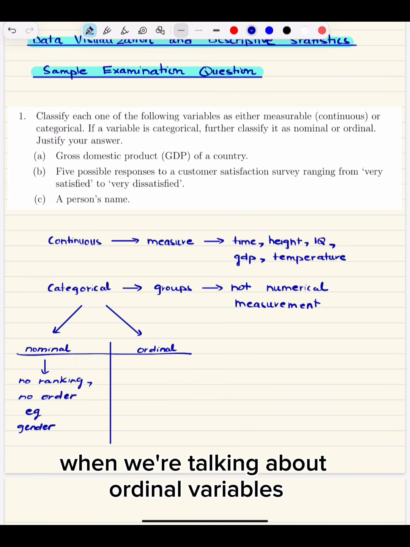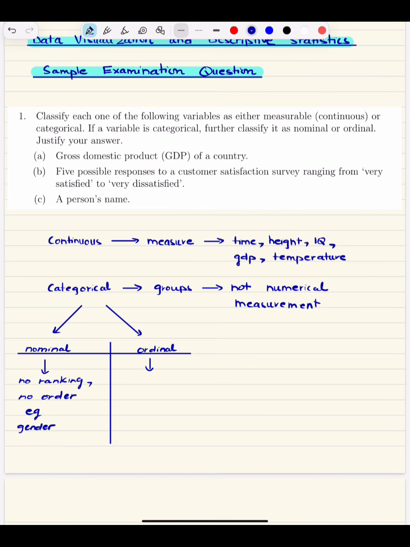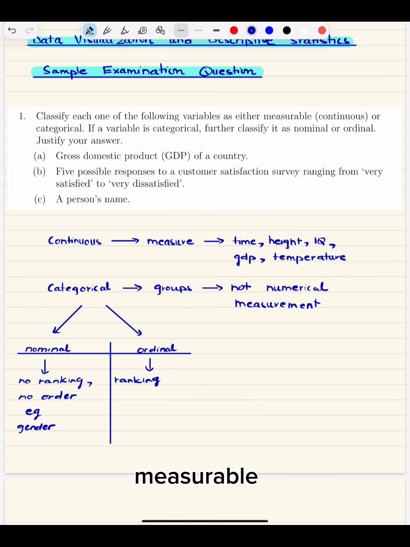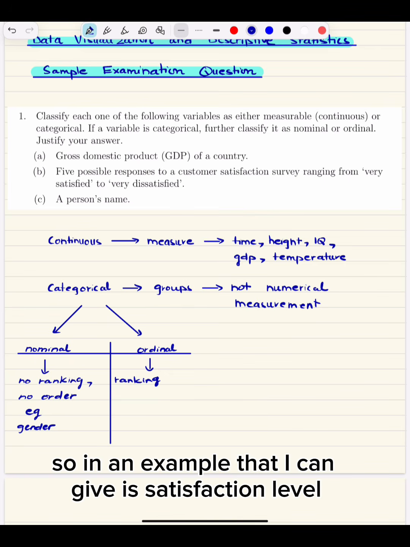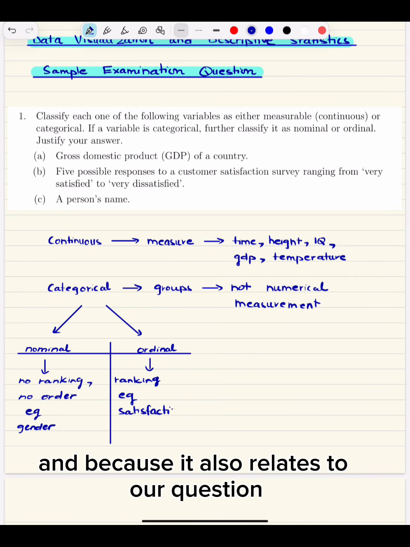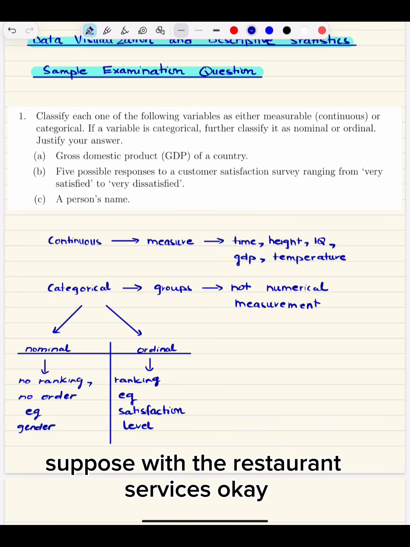However, when we're talking about ordinal variables, there is a ranking. However, the difference between these categories is not measurable. An example that I can give is satisfaction level, because it also relates to our question above. The satisfaction level, suppose with a restaurant's services.